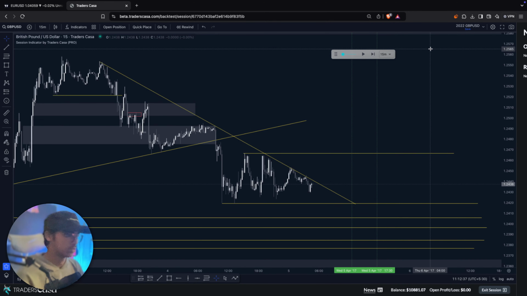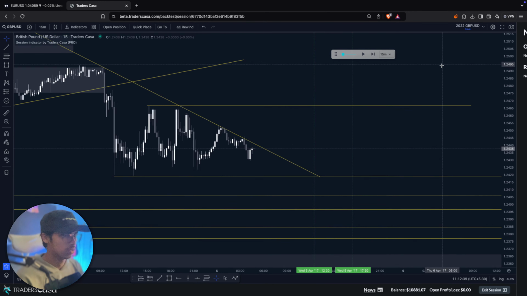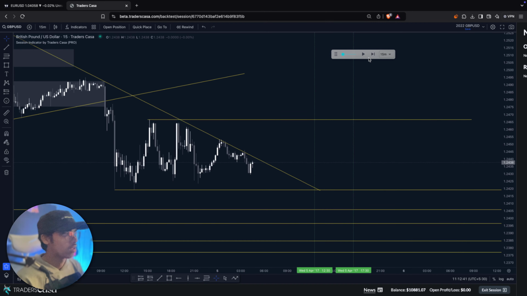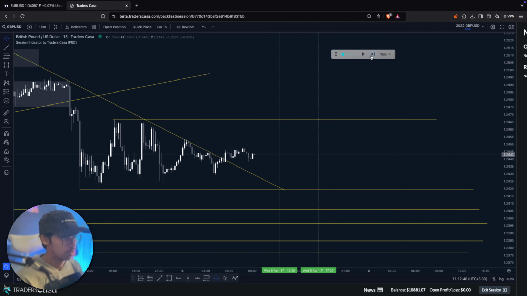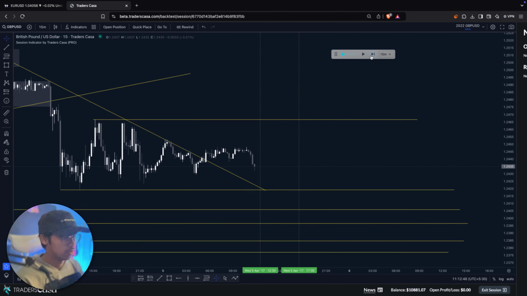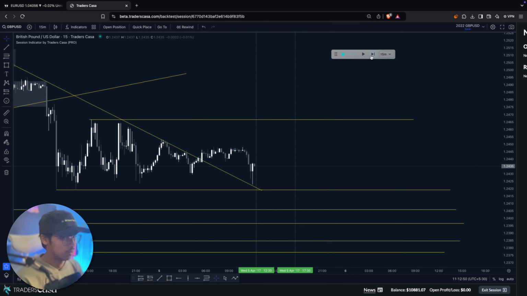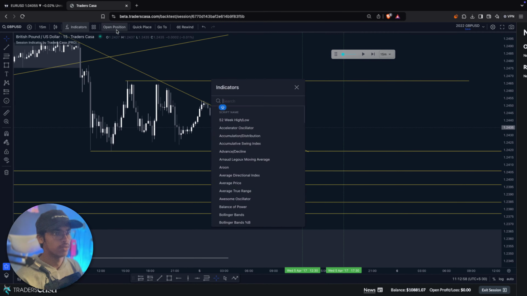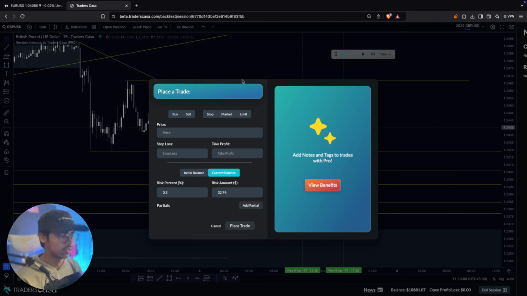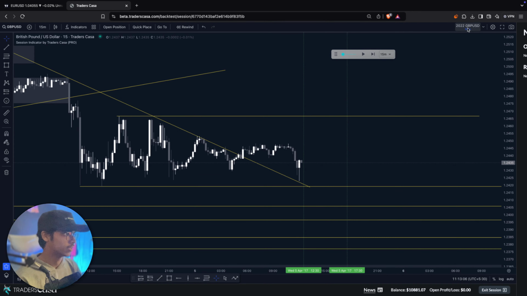Let's see what the price wants to do. If one of the liquidities gets taken, let's anticipate another kind of entry. Okay, where is it? I want to take any trade.